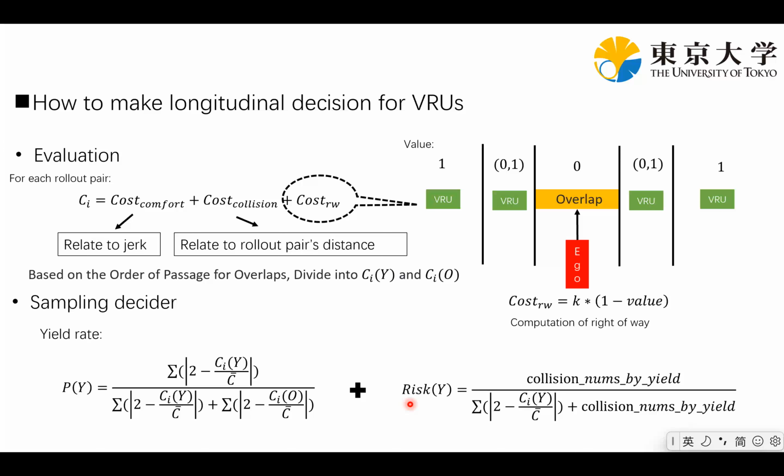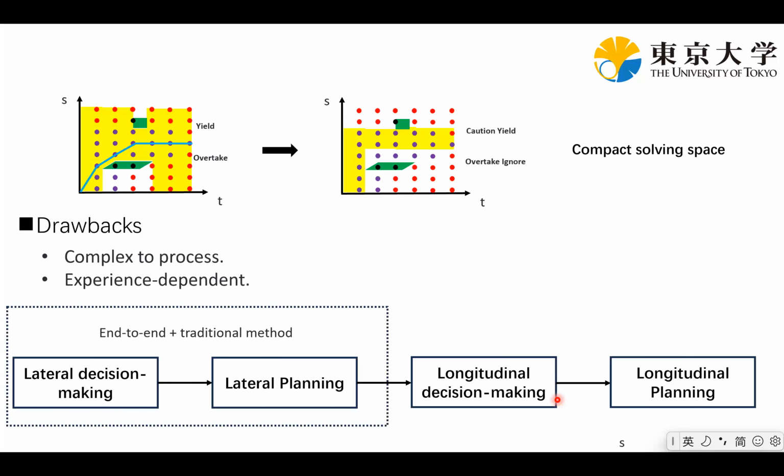We make longitudinal decisions by combining the yield rate, the risk rate, and also the A-star result. The illustration shows the approach described above can lead to more refined decision results, thereby obtaining a better solution space. We can compare that the compacted solution space is here, so it will lead to a better planning result.